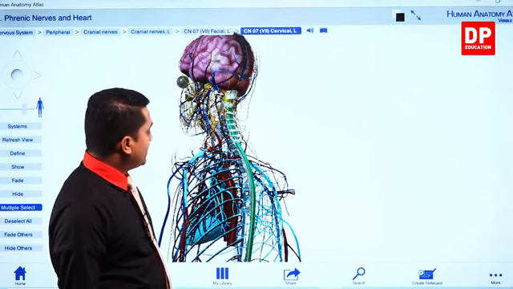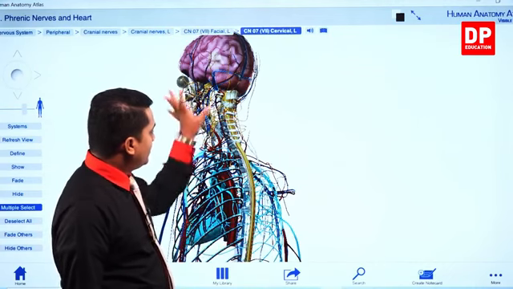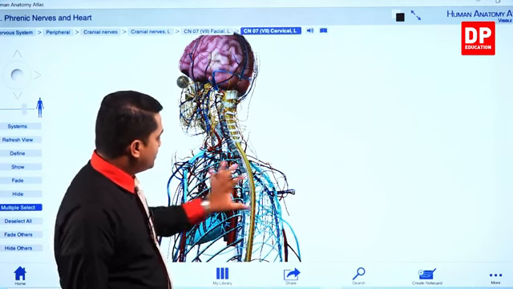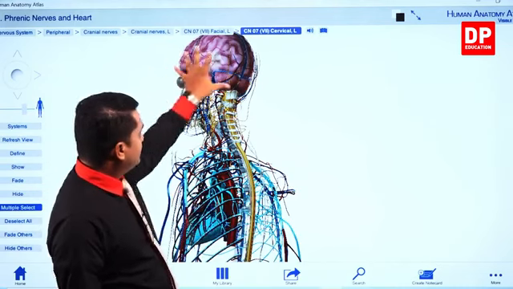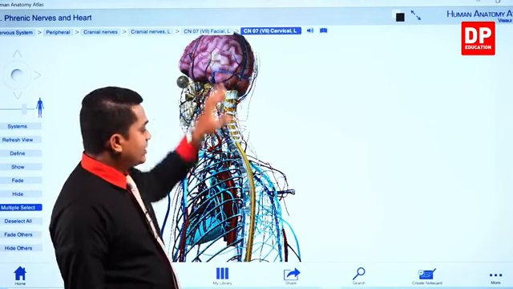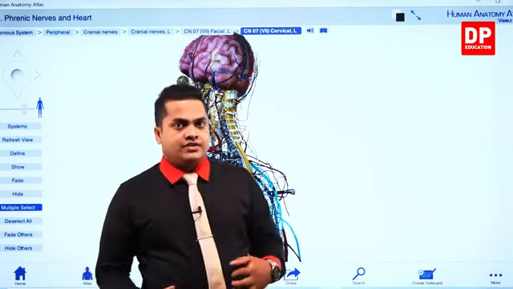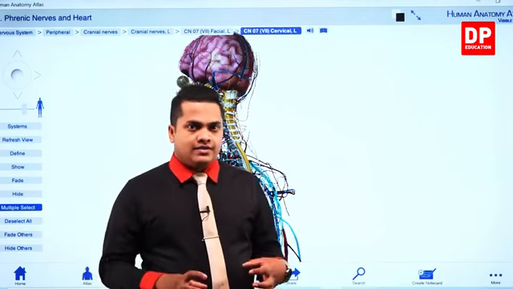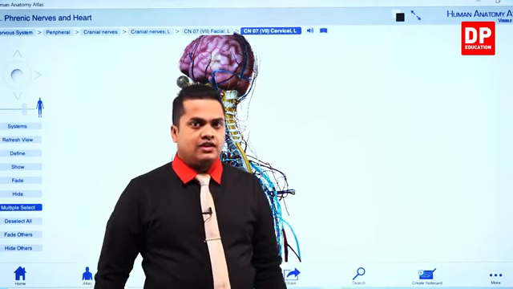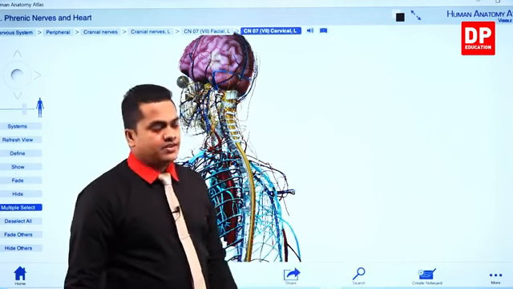These are the nerves that can be identified. Spinal cord, spinal nerves, these ones, spinal nerves. So in the brain and these areas you can observe cranial nerves. Right, my dear children. Now these are the cranial nerves and the spinal nerves that we can observe, right?